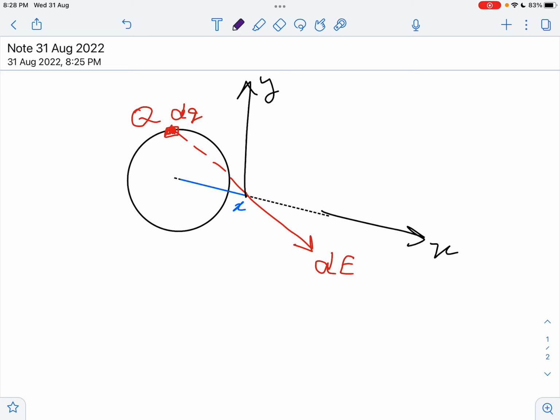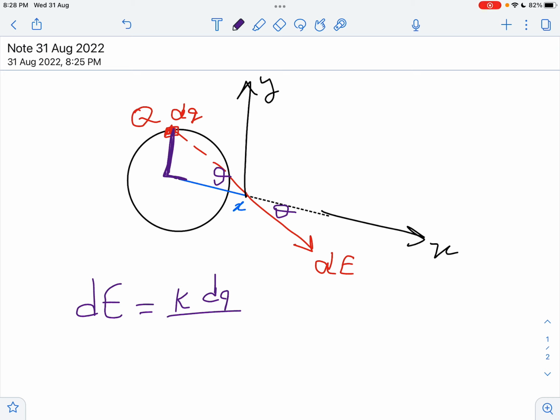Alright, so let's take this angle to be theta here. That's angle theta between dE and the x-axis. And let's continue this triangle here. So this angle theta is exactly the same as this angle theta. Now, the formula of the electric field dE is K, Coulomb's constant, multiplied by dq over the distance r squared.